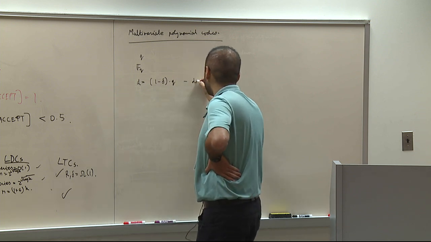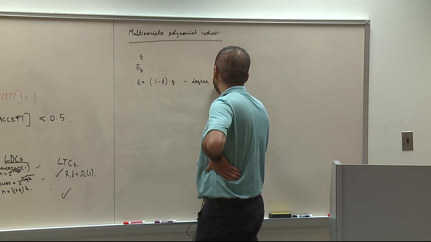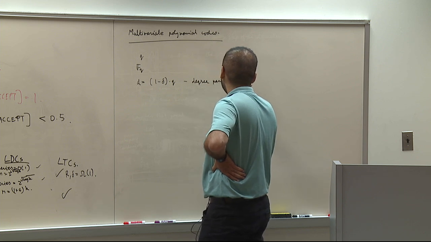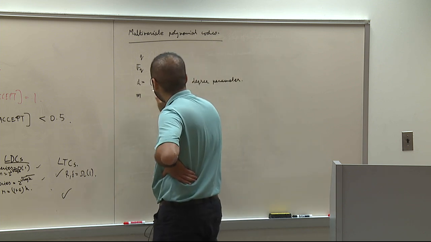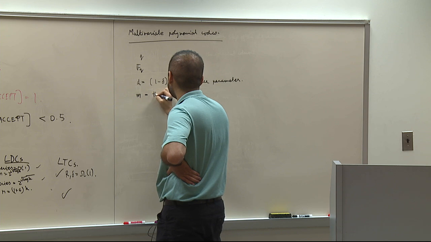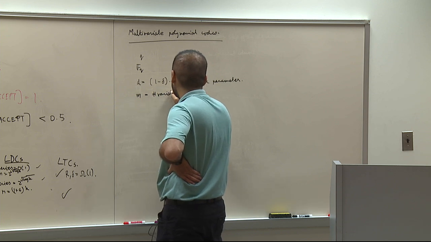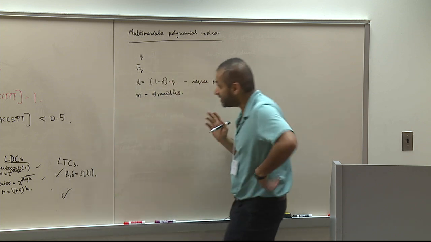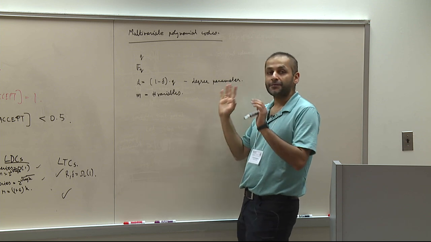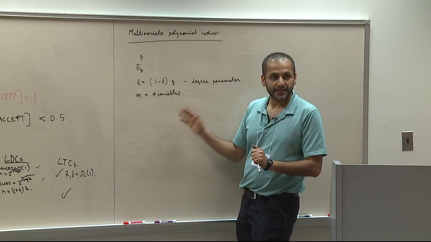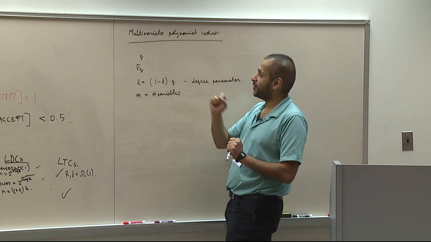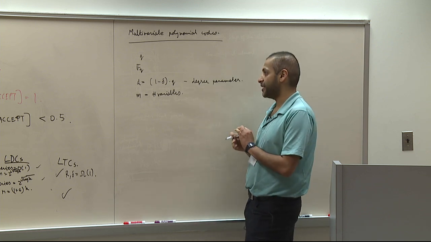This is the degree parameter. And we have a variable m, which is the number of variables. This is m-variate polynomials of degree at most d, just like Reed-Solomon codes were 1-variate polynomials of degree at most d.